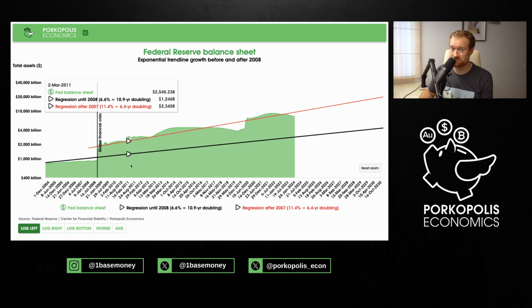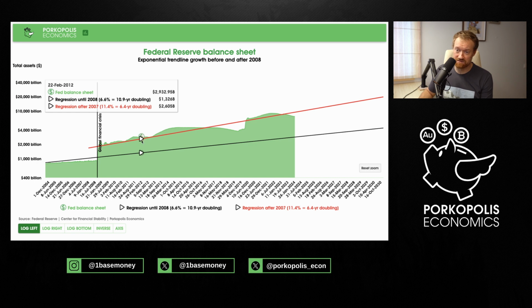Okay, 6.6% per year. That was the all-time growth for 100 years. Now, what is the growth? What is the slope of that exponential growth curve? 11.4%. Okay, it's almost double. Not quite double, but the compound growth per year of the balance sheet is almost double. Now, 6.6% is a lot.